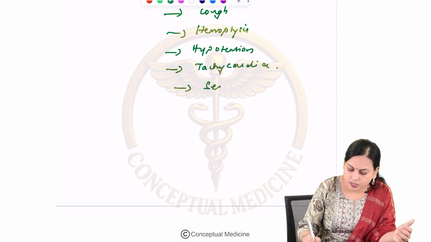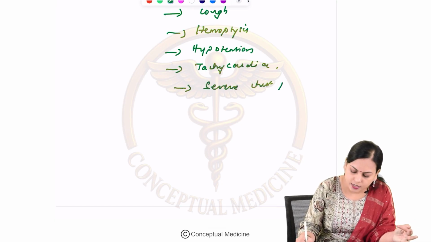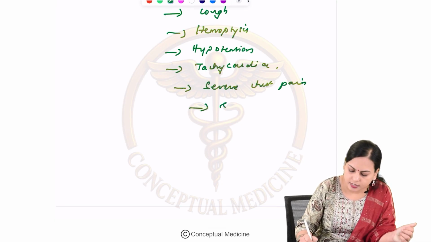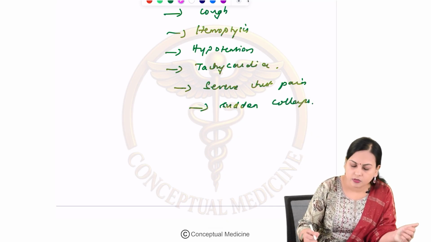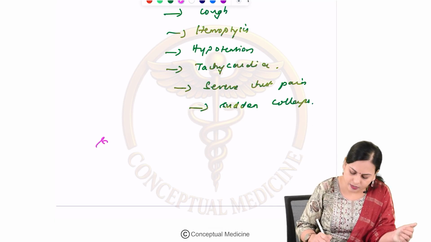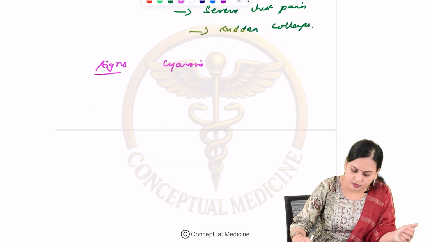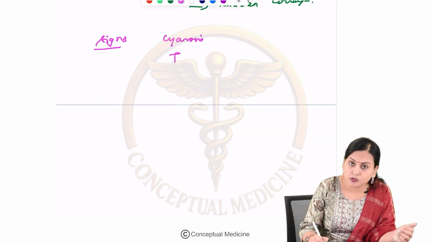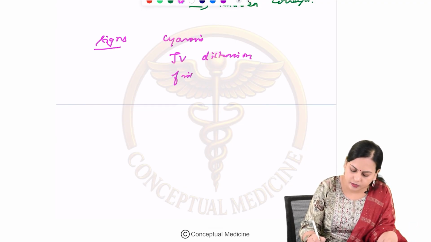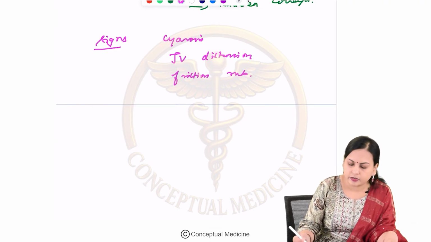Sometimes this can be associated with severe chest pain or sudden collapse. Okay. So what are the signs you can see? Signs may include cyanosis, or there can be jugular venous distension or friction rub.